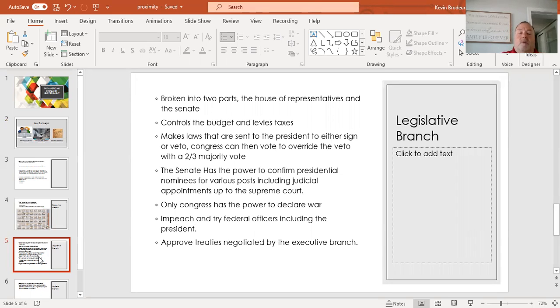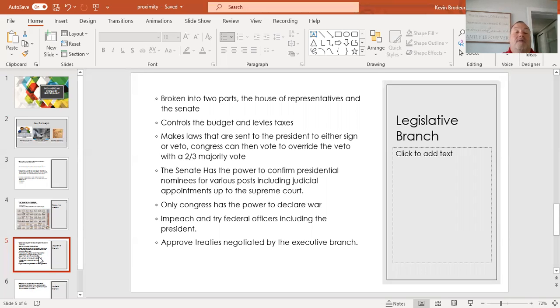When we say veto, we're talking about the idea that Congress can pass a law and send it to the president. The president can then choose to sign the law, or he can veto it, which means it gets sent back to Congress. Congress can then override the president's veto with a 2/3 majority vote. Again, this is another one of those checks and balances that we talk about with our government.